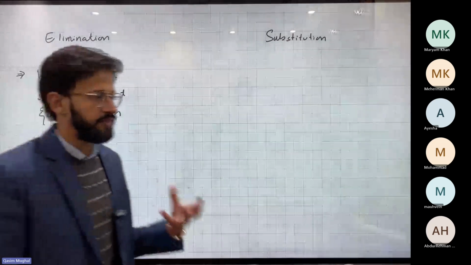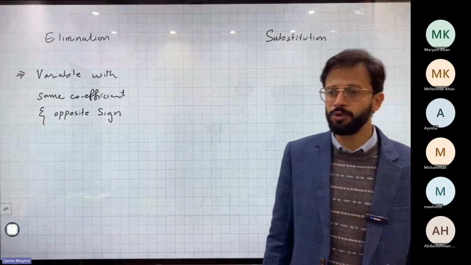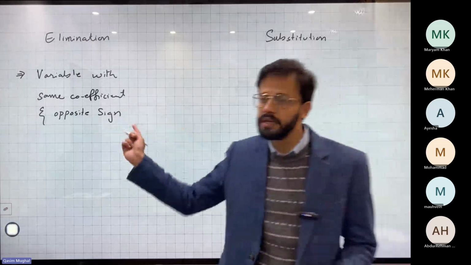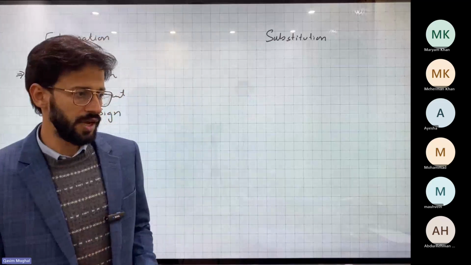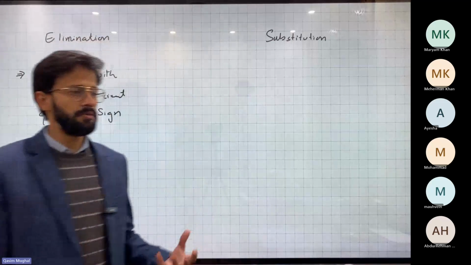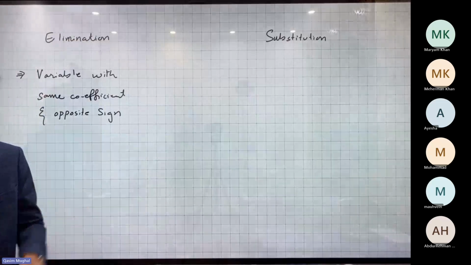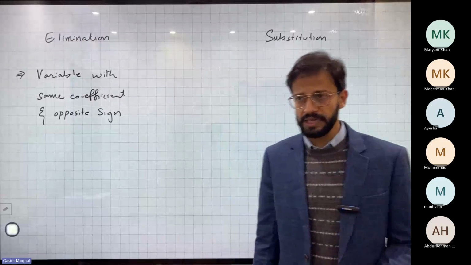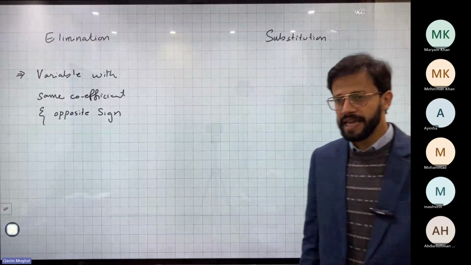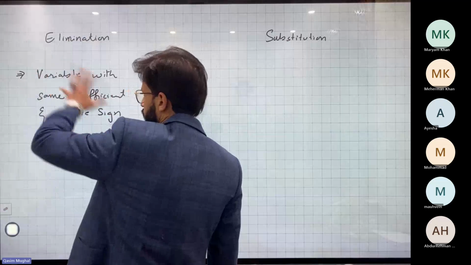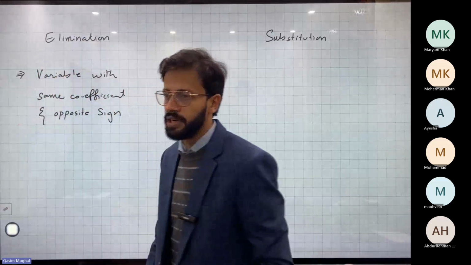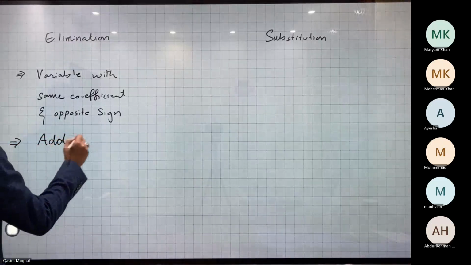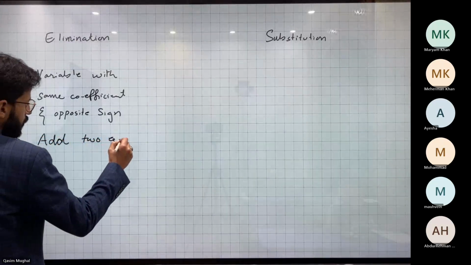We need to have a variable in a pair of two equations which has the same coefficient but opposite signs. So for example, if in one of the equations I have 3y, in the other equation I must have negative 3y, opposite signs. For example, if in one of the equations I have 5 over 2x, in the other equation I must have negative 5 over 2x. So this is the first target. Once you have achieved this target, simply add the two equations.